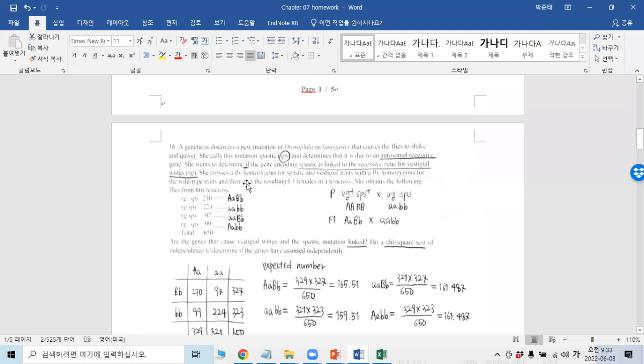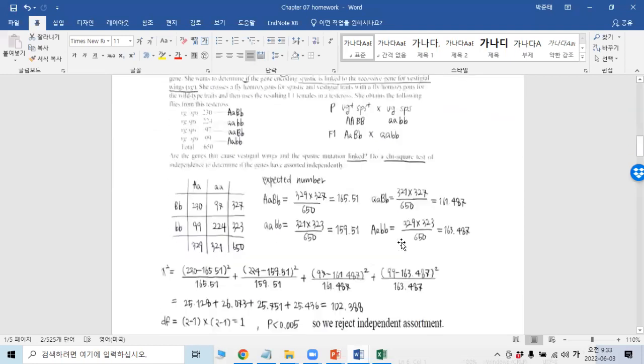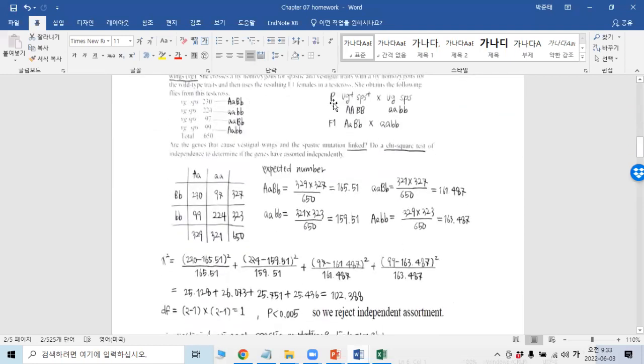Based on this, number 16 is exactly the same as the previous one. In this answer, we can write large A, small a, large B, small b, or you can write down the BG and the SPS. It depends on you.